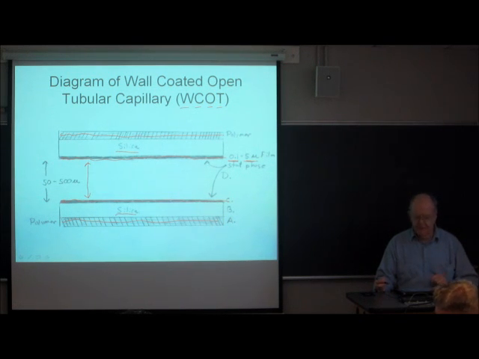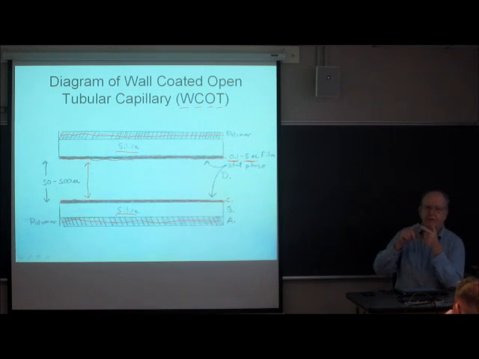The terrific things about fused silica are, chemically, it's very, very inert. It doesn't cause decompositions much. It'll only do it when you don't want it to. And it's mechanically very stable. And it's pretty easy to get a film of polymer on it.